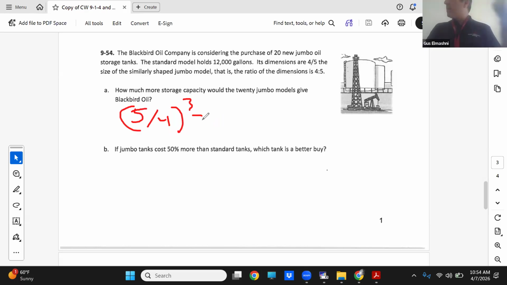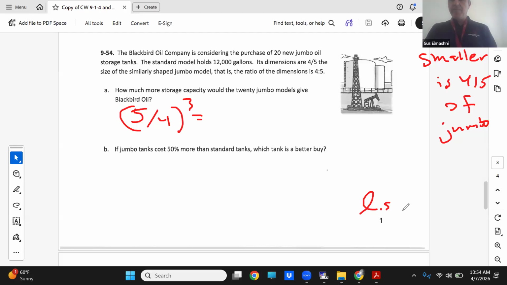Okay, the first thing you want to do, guys, is do this. You want to do the scale factor because they're saying the smaller one is 4/5 of jumbo. So the linear scale factor is 4 to 5, or 0.8 to 1, if you want to call it that.